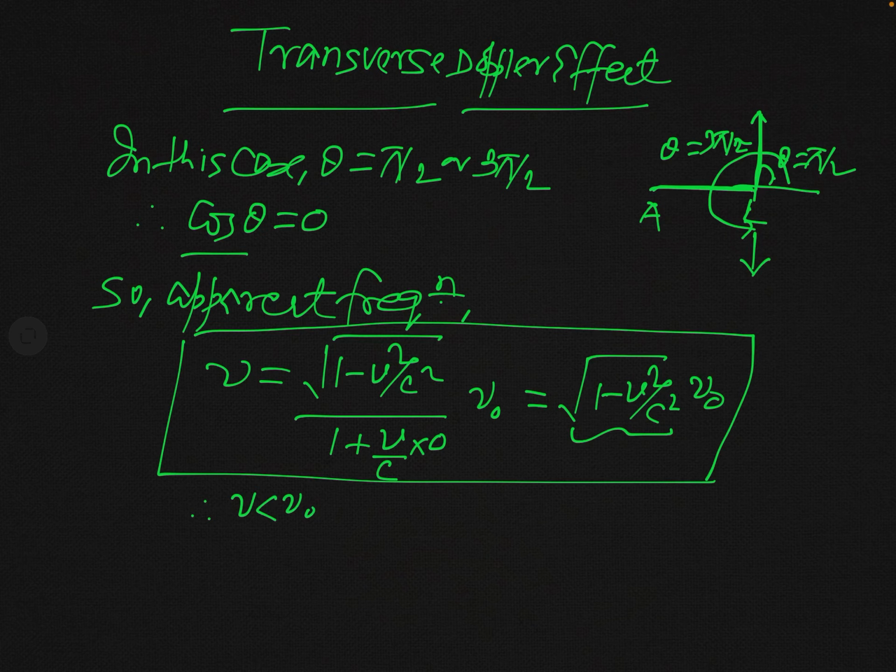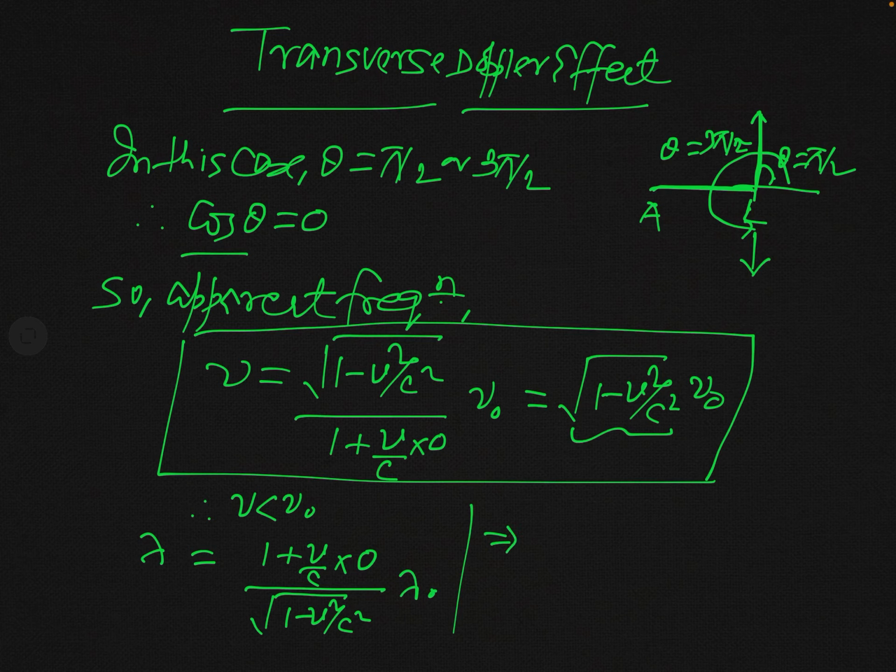Again you can similarly write the expression for the apparent wavelength. So apparent wavelength in this case lambda will be what? You know the formula for it will be equal to 1 plus v by c into cos theta, but cos theta is equal to 0, divided by root over 1 minus v square by c square into lambda naught.